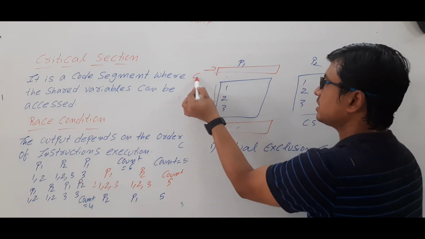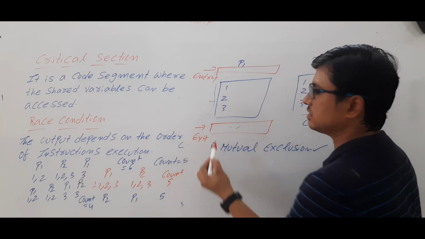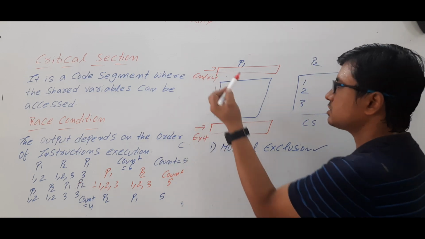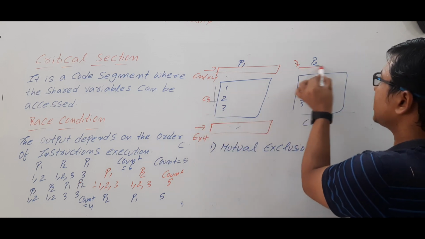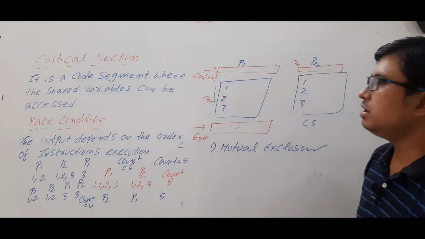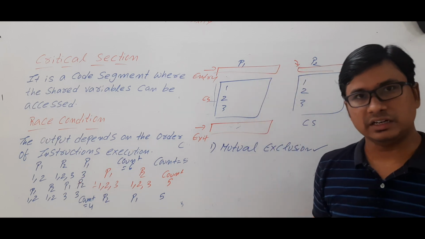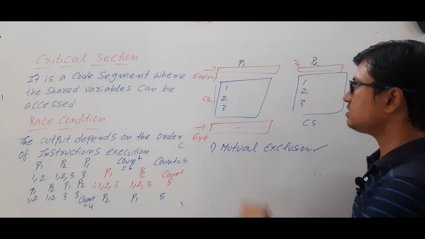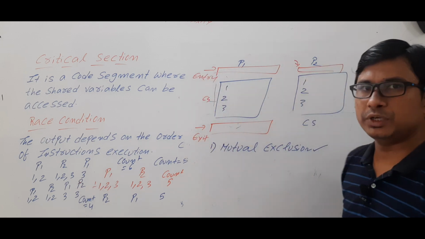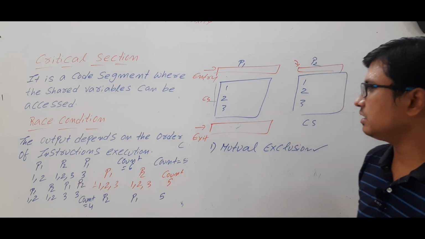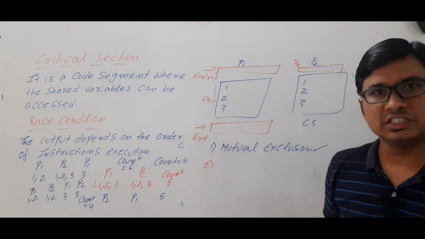This part we will call the entry section, and this part we will call the exit section. Is it clear? So whenever process P1 has entered the critical section, the synchronization mechanism, or the entry section of process P2, will restrict process P2 from entering the critical section. Once process P1 comes out of the critical section, then only process P2 can enter. Is it clear? So this is the first requirement of any process synchronization mechanism.